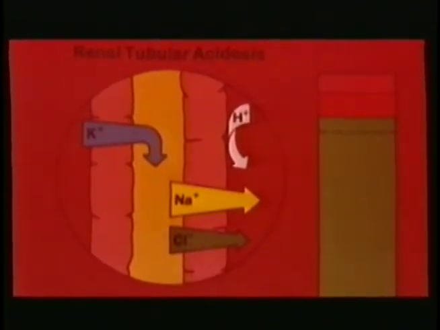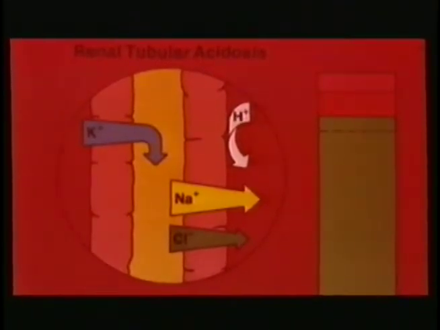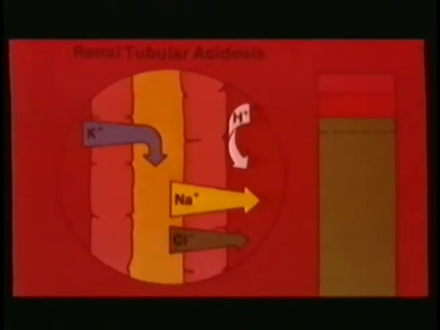Retention of hydrogen decreases plasma bicarbonate concentration by about the same magnitude as increased chloride reabsorption increases plasma chloride concentration. Hence, the sum of the concentrations of bicarbonate plus chloride, and therefore the unspecified anion concentration, remains virtually unchanged.